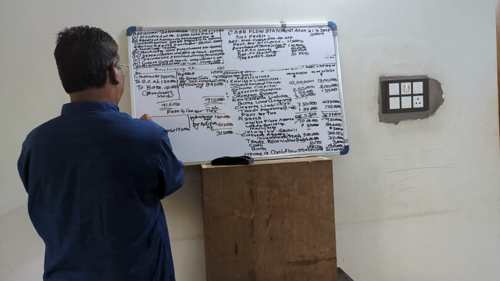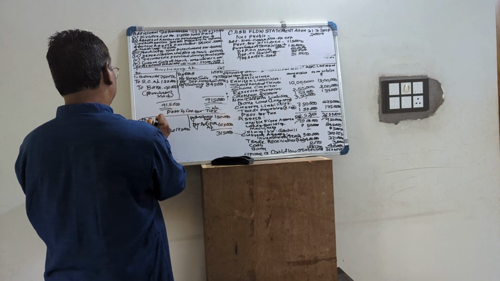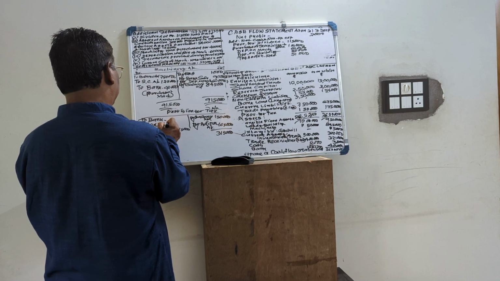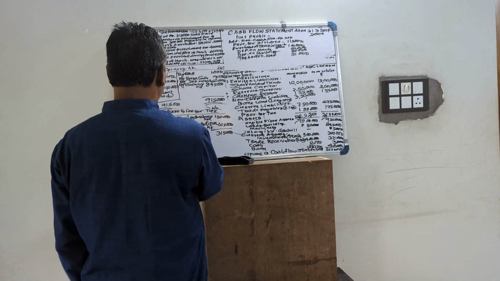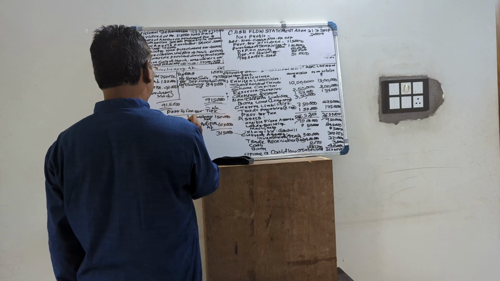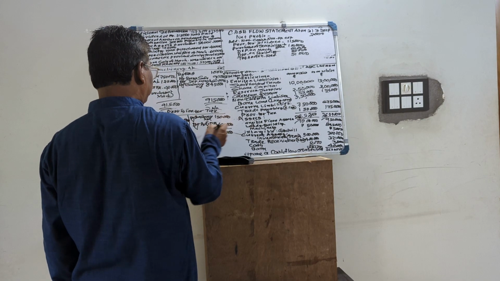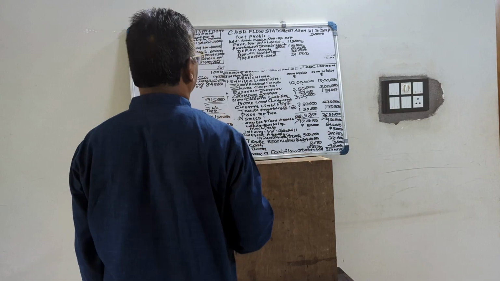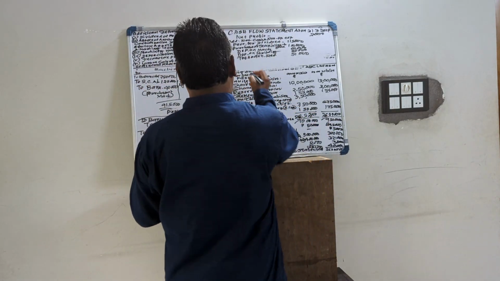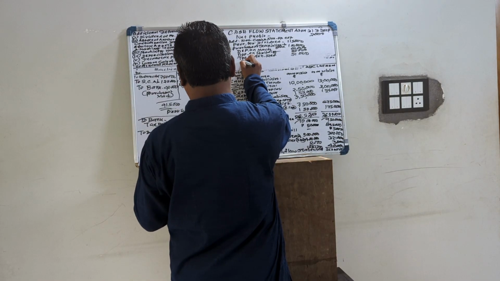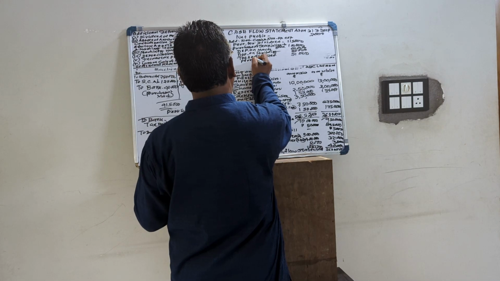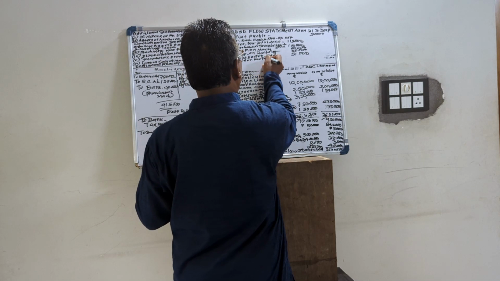Then to bank, tax paid, deducted from operating activity. Tax paid is 1,40,000. Then add provision for tax, that is 1,65,000.